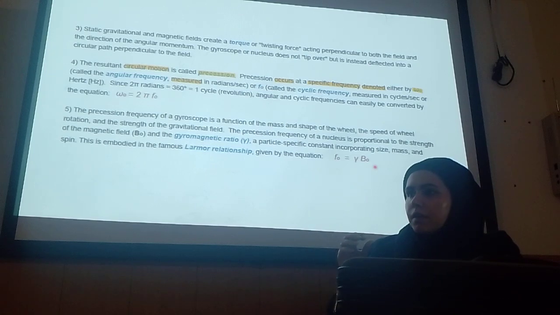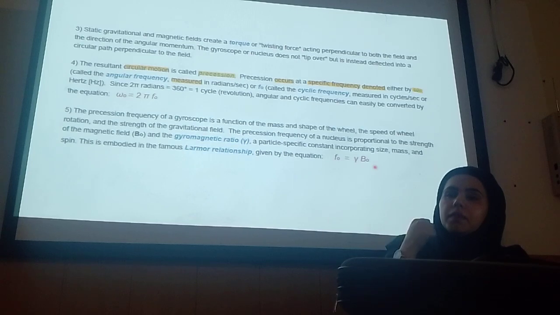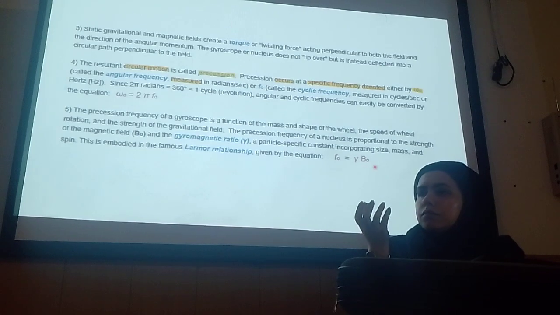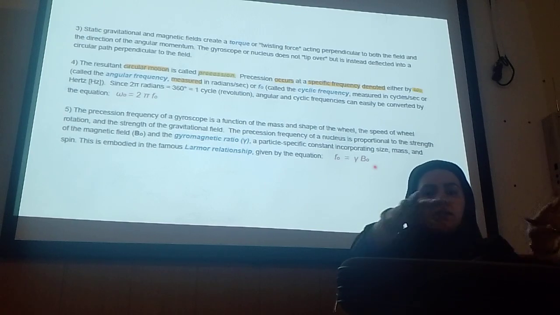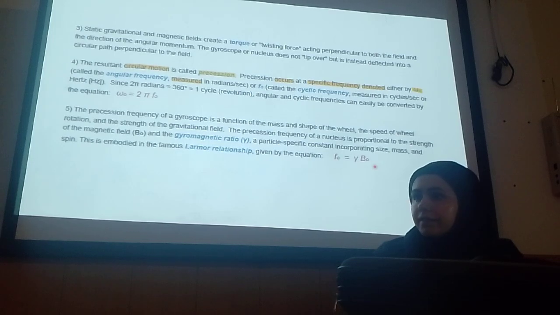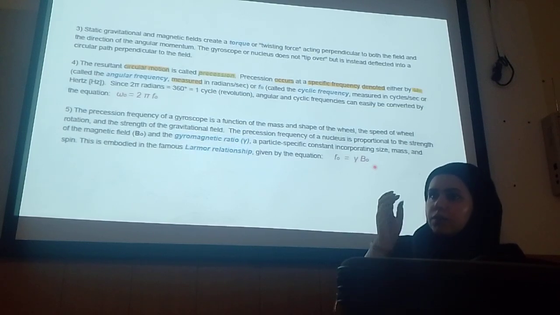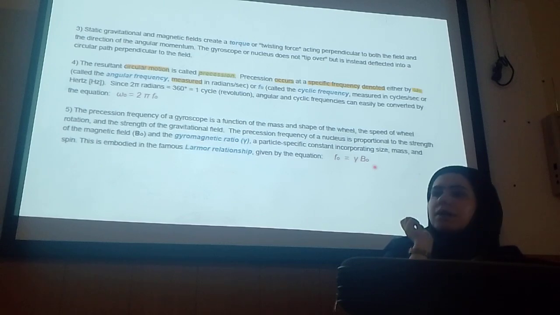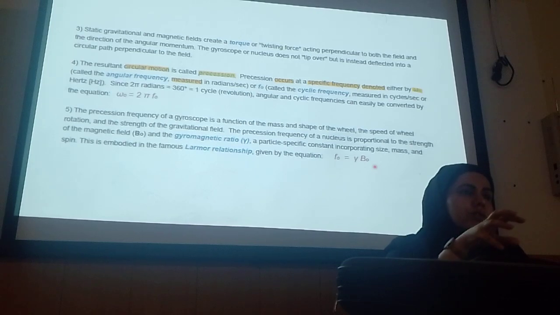If we have a constant B0, for example our machine has B0 equal 1.5 Tesla or 3 Tesla, this is the constant parameter for all nuclei exposed to the external magnetic field. What is different between these two parameters? The gyromagnetic ratio. Carbon has its own gyromagnetic ratio, and fluorine has its own gyromagnetic ratio.